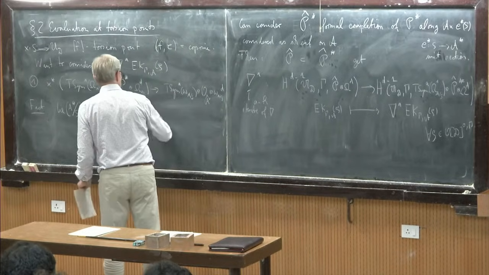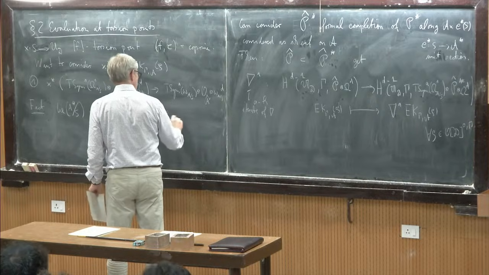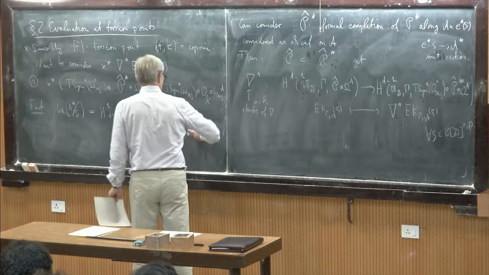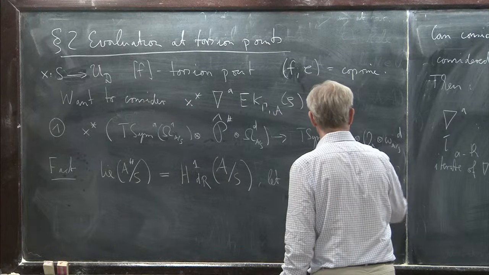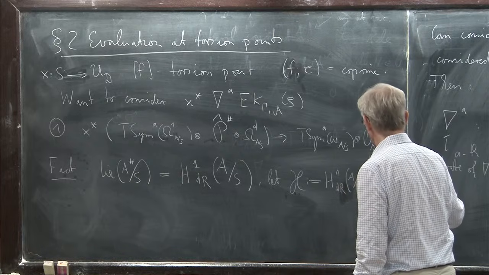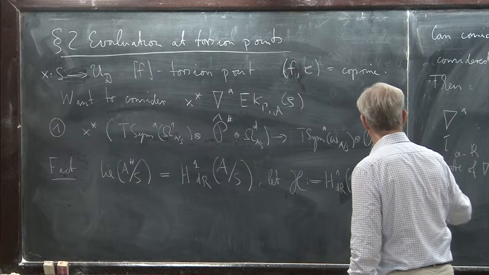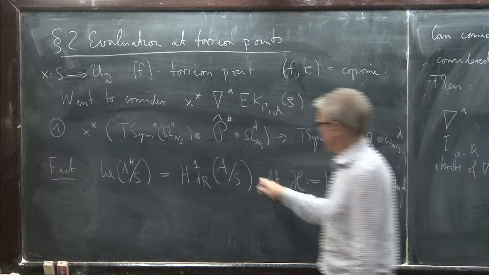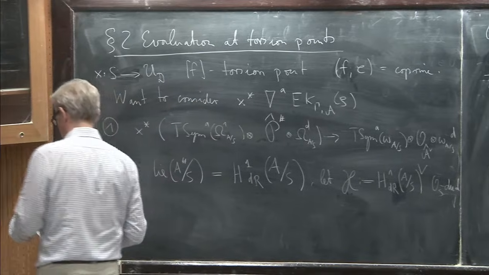And we define H to be the dual of H^1_dR of A over S. This is some vector bundle on S, and we take the dual vector bundle.